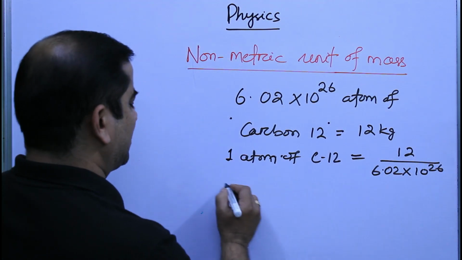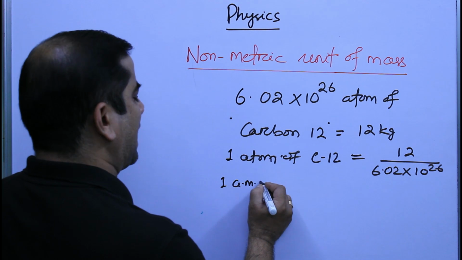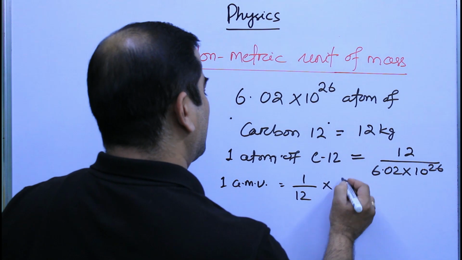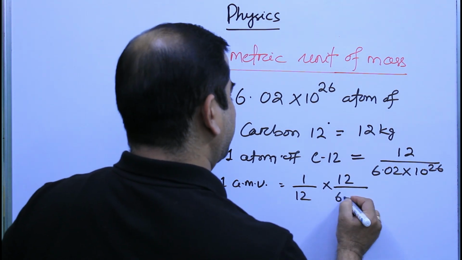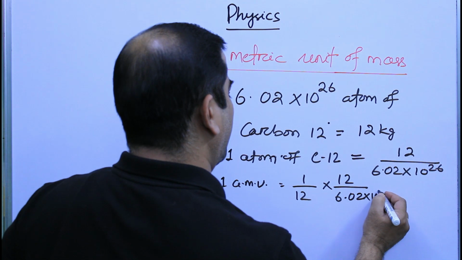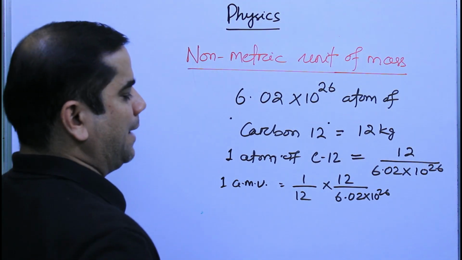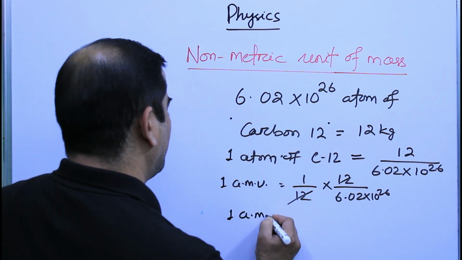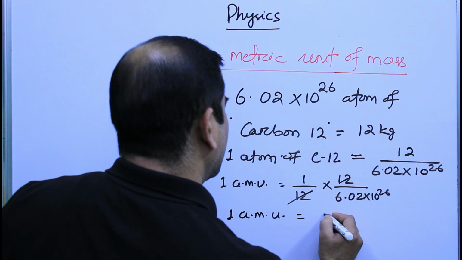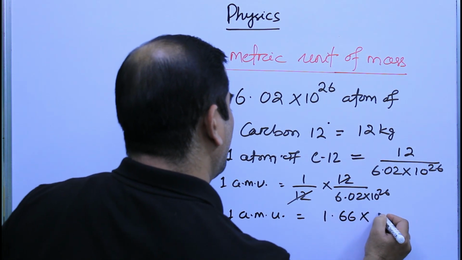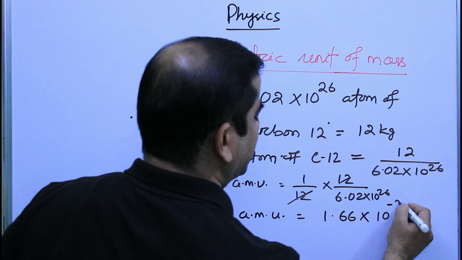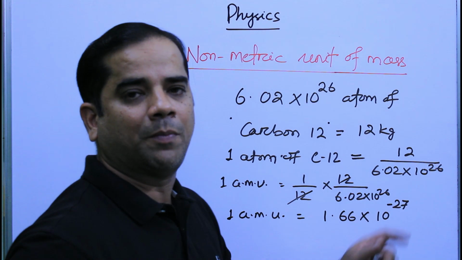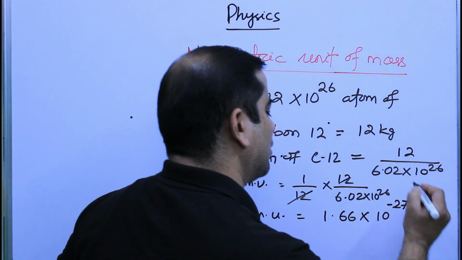So 1 AMU is 1 by 12 of this value, that is 1 by 12 into 12 by 6.02 into 10 to the power 26. When we calculate this, 1 AMU gives us the value 1.66 into 10 to the power minus 27. So 1 AMU is equal to 1.66 into 10 to the power minus 27 kilogram.